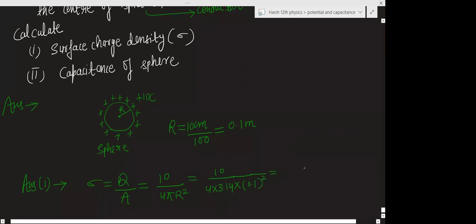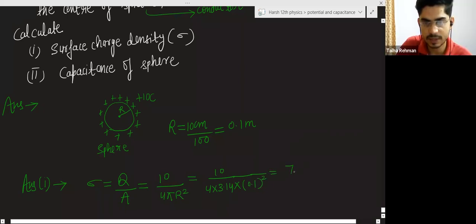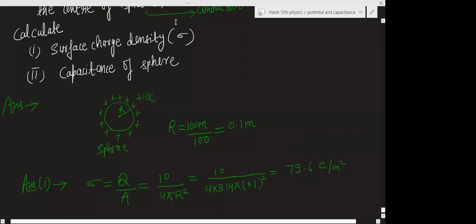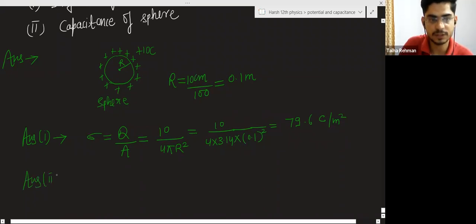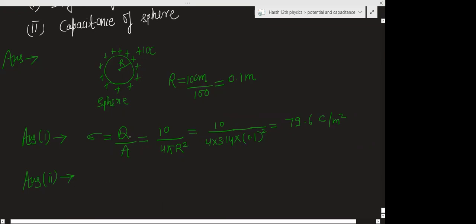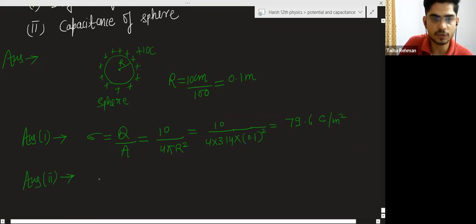When you calculate this, you will get the answer, I think, 79.6 coulomb per meter square. You should check these calculations at home.